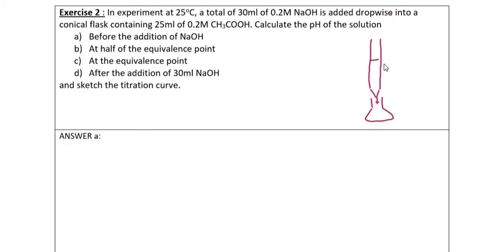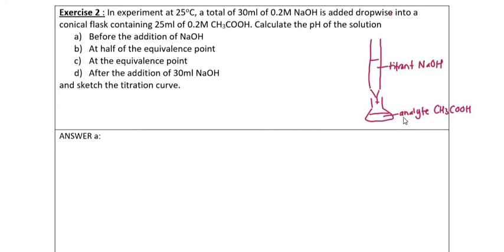NaOH is added dropwise, that means your titrant is NaOH. Conical flask containing, that means your analyte is ethanoic acid.